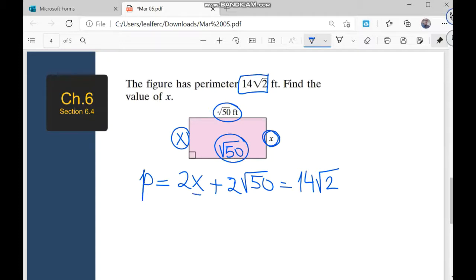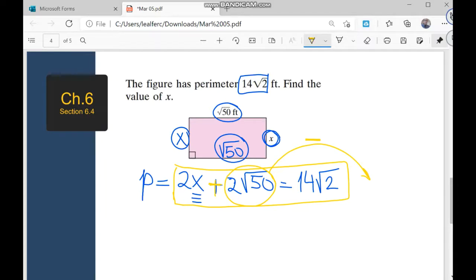We want to find x, so we have an equation, 2x plus 2 square root of 50 equals 14 square root of 2. We have to solve this equation. The first step is to apply the addition property of equality, because we can move this term to the other side, and since it's positive, we need to move it as a negative.